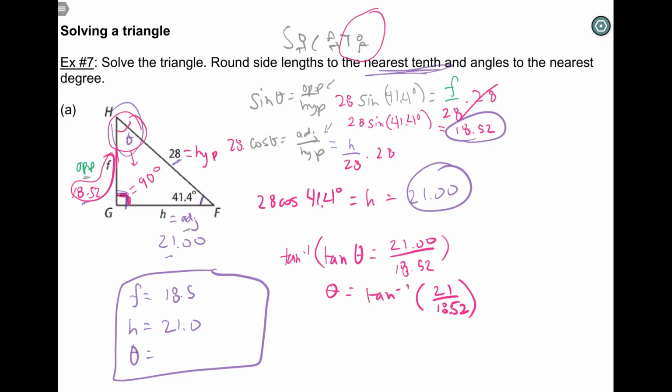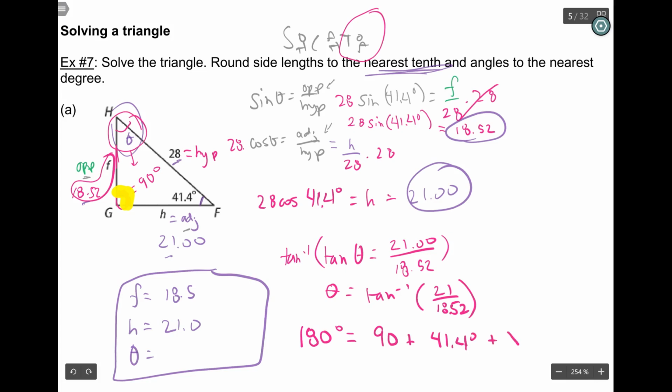That's one option. Or, if you remember from geometry, the angles of a triangle are equal to 180. So we have 90 for this right here. And then we know the angle we worked with the whole time, 41.4 degrees, plus this mysterious angle, so I'll just call it x.